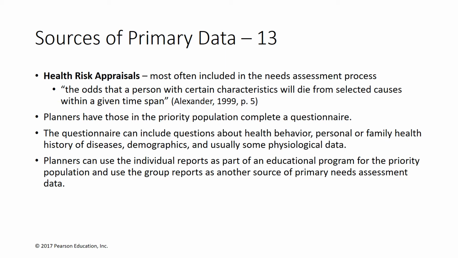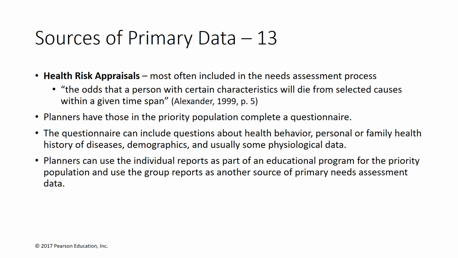Demographics, that's your typical census type of data: gender, race. It may include income, geographic area, any characteristic that can describe the individual that has completed the assessment. And then some physiological data.